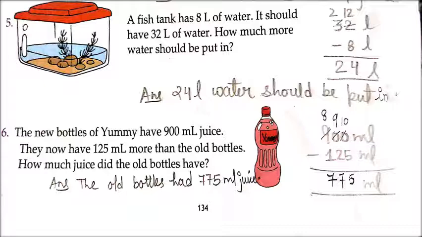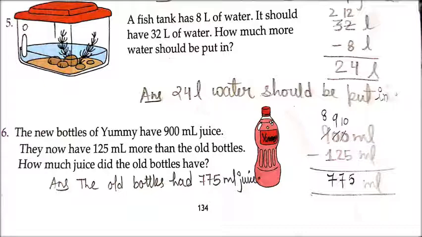Children, we can't subtract 8 from 2, so we borrow one value from 3. So children, when we borrow one value from 3, 2 will become 12. Now we can subtract 8 from 12. So 12 minus 8 is 4. So children, write 4 here.